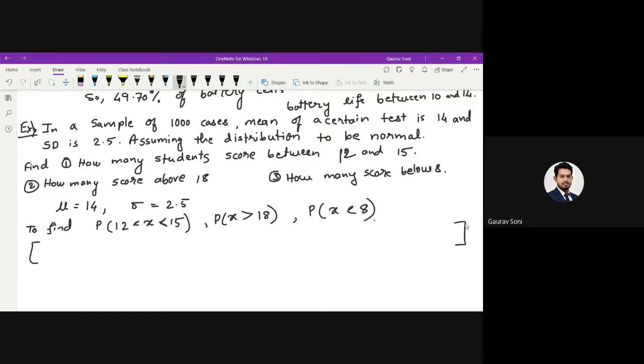Using the statistical tables, whatever values you require, I'm going to give you. Area for 0 less than z less than 0.8 is equal to 0.2881. Area from 0 less than z less than 0.4, 0.1554.